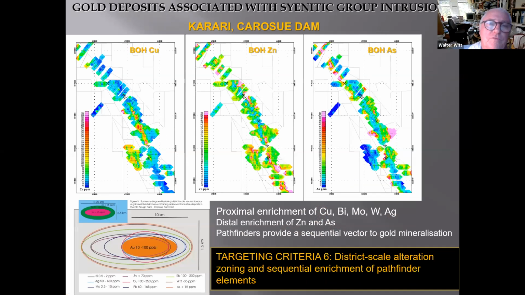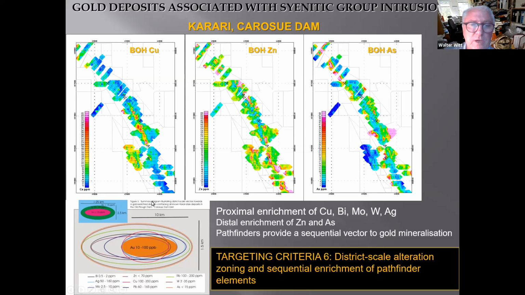Looking at bottom of hole geochemistry at Carosue Dam, I beg your pardon, we see that some elements such as copper, molybdenum, bismuth and tungsten are concentrated in that central belt of intrusions and proximal alteration, whereas zinc and arsenic are progressively enriched in the more distal portions of the system, with arsenic peaking in the muscovite alteration zone. So arsenic and high strain go together here as well.